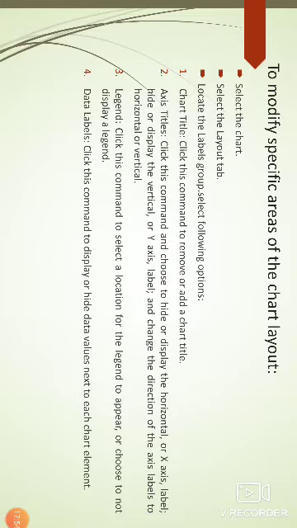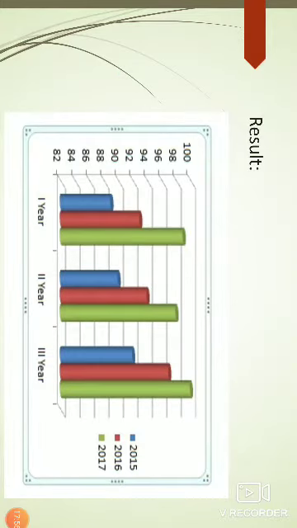Next, moving to the next slide. So this is the final result of the procedure. Here are the data values, and here 2015, 2016, 2017 are the column headings, and first year, second year, third year are the row names.